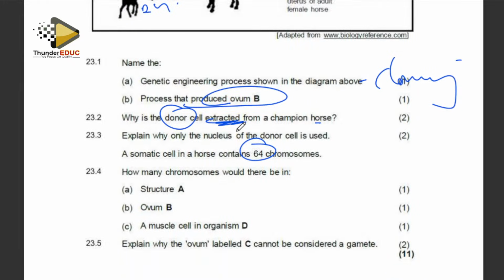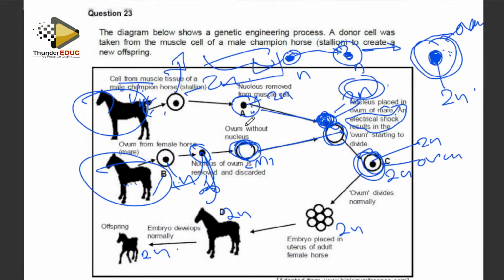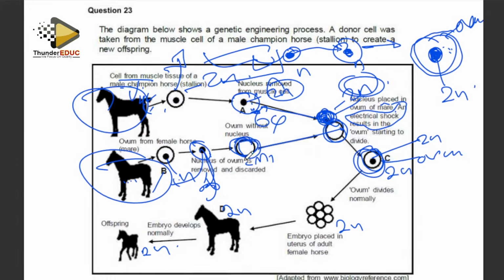We continue, and it asks how many chromosomes will there be in structure A? Structure A is here, and we said it's diploid, so automatically it's going to be 64, because they said it's 64.